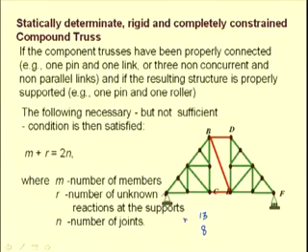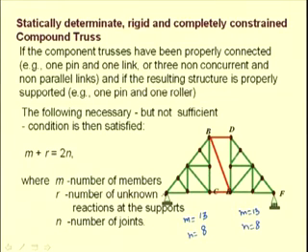So, this is the number of members and this is the number of joints for this simple truss, and same way we have 13 members and 8 joints for this simple truss. Additionally, we have 3 members connecting the two simple trusses and the joints are not increased.